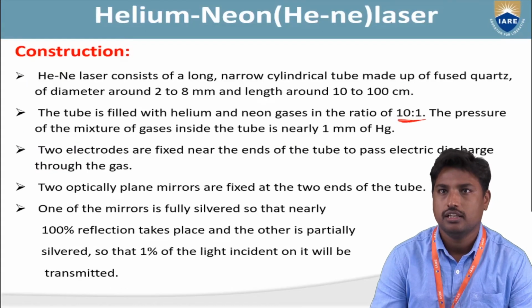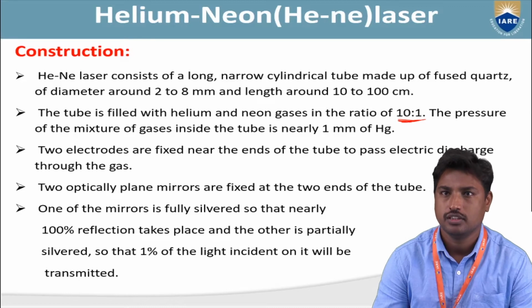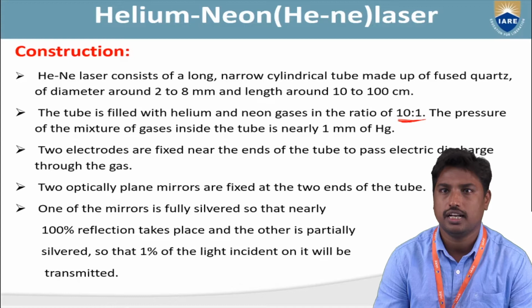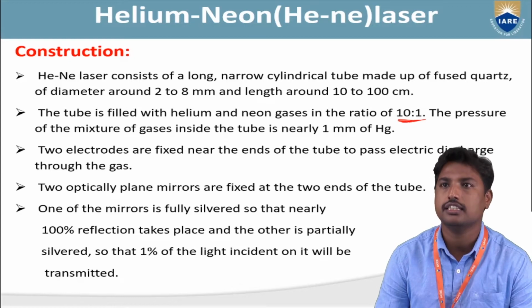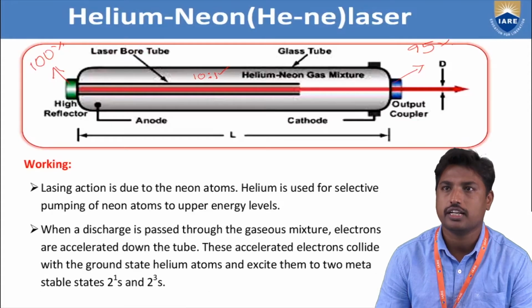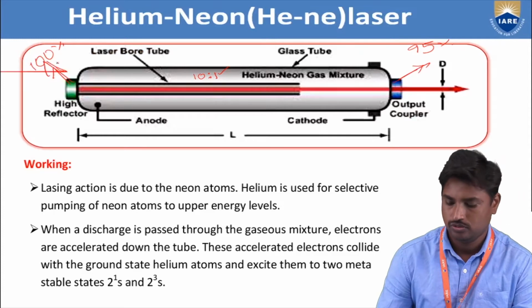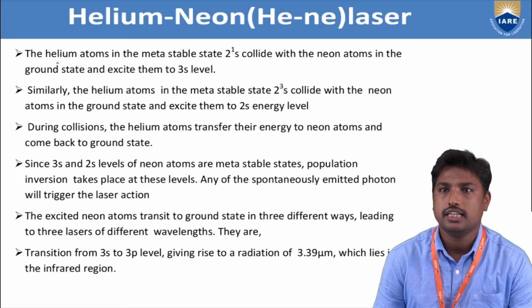Construction again: the tube is filled with helium and neon gases in the ratio of 10:1. 2 electrodes are fixed near the ends of the tube to pass the electric discharge through the gas. It acts as a pumping mechanism. 2 optically plane mirrors are fixed at the 2 ends of the tube. That acts as an optical resonator.